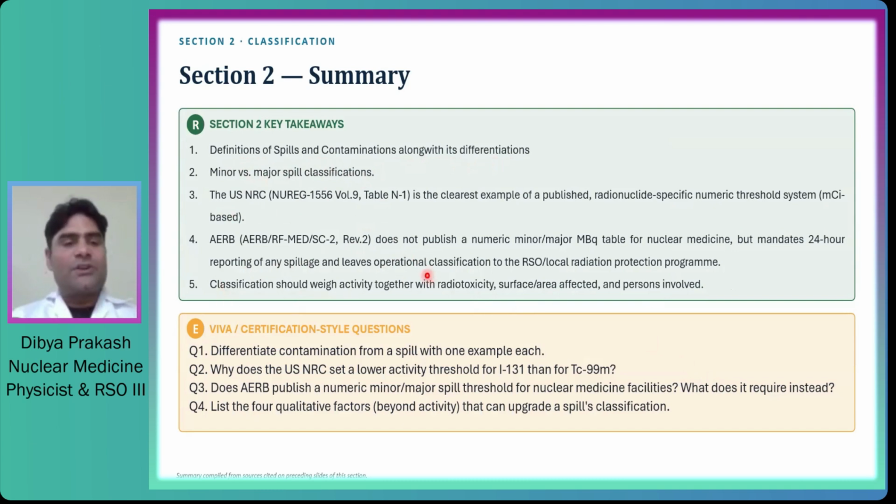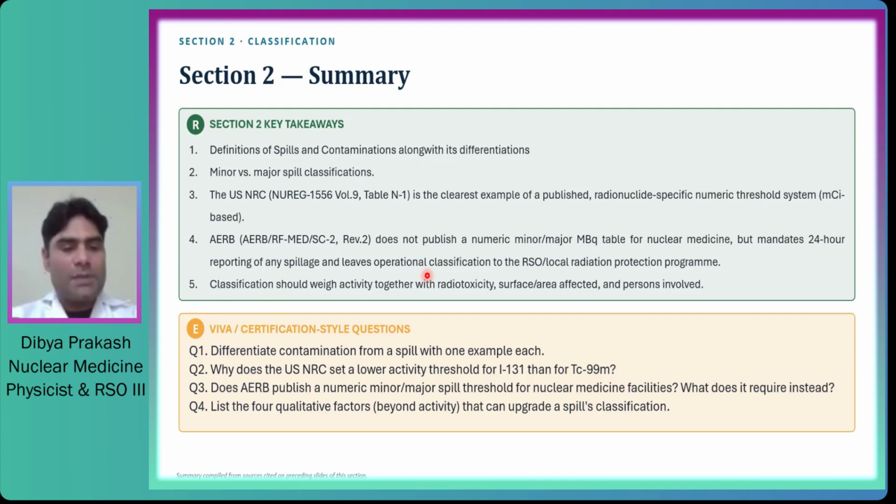From the exam point of view, some viva questions can be there, and you can answer in the comment box. Differentiate contamination from spill with one example each. Why does the US NRC set the lower activity threshold for iodine 131? This can be asked in the viva, and you can answer in the chat box.